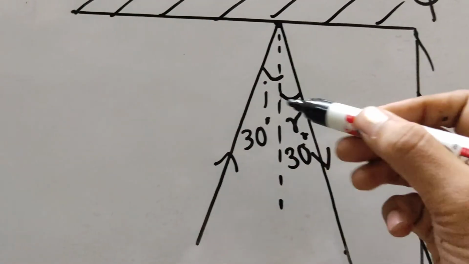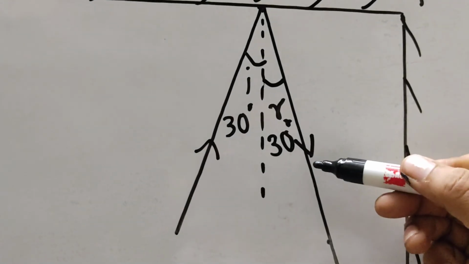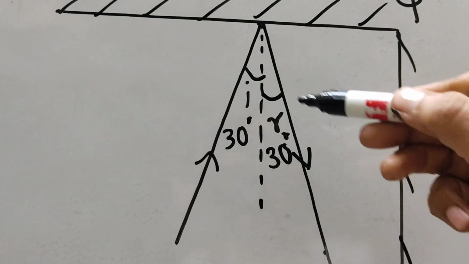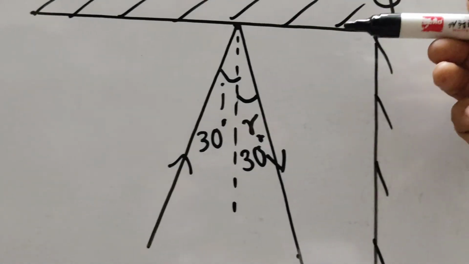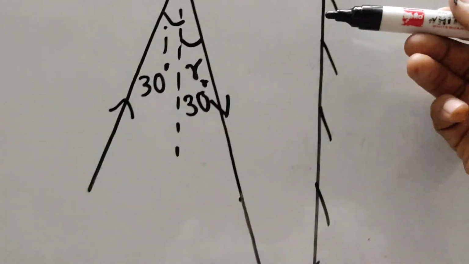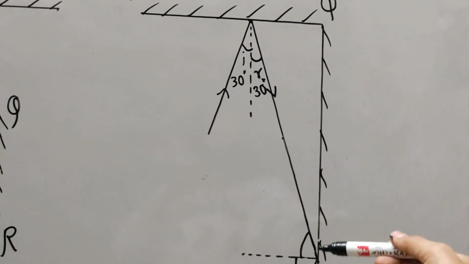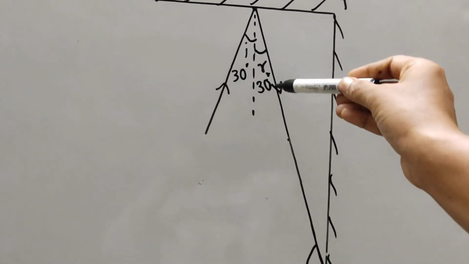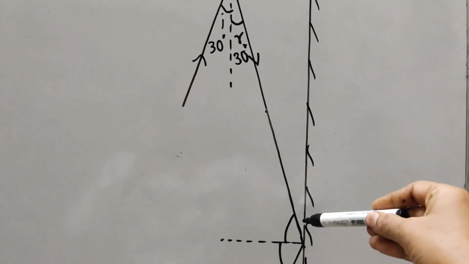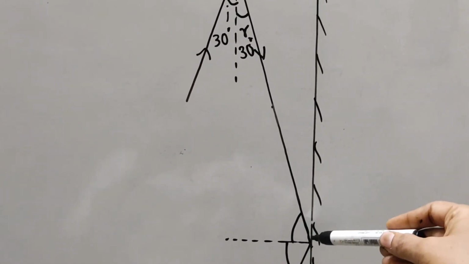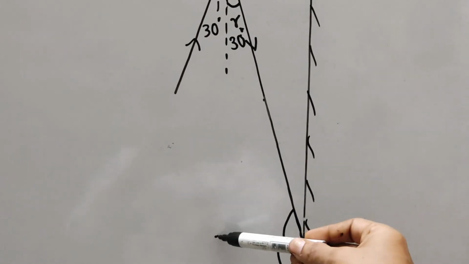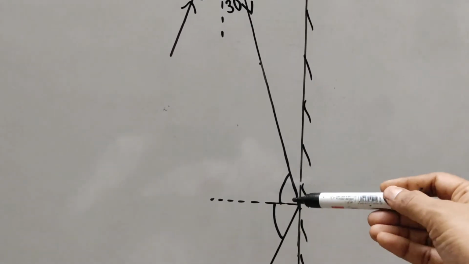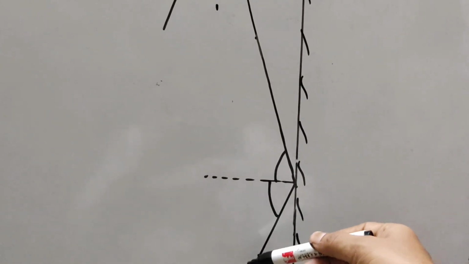So we have drawn this incident ray and this reflected ray, and these follow the laws of reflection that I is equal to R. Now, if the second mirror is placed perpendicular, we can show here that it is placed perpendicular. This reflected ray strikes the second mirror. Now I have drawn the normal here, and again by using the laws of reflection, I have drawn the reflected ray.